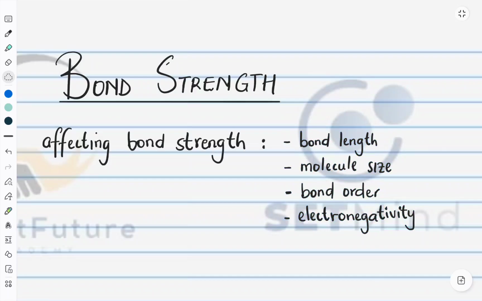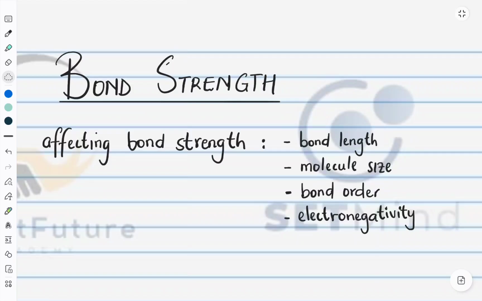Just briefly, electronegativity: if the difference in electronegativity between these two atoms that are bonding to form a molecule or a compound is large, what it means physically is that those two atoms will have a greater force of attraction pulling each other together.